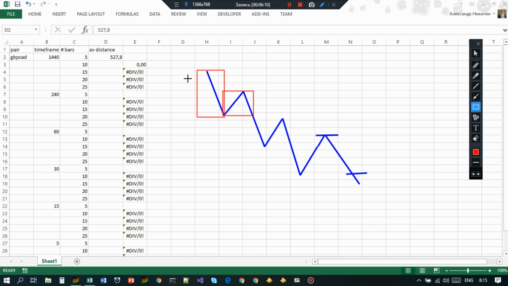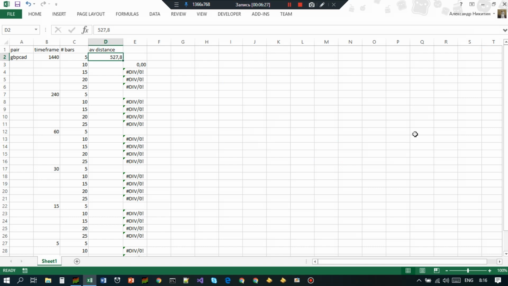If they both give us a number of 527 and the relation between them is 2 to 1, we can also calculate the average impulse size and average correction size. Let's create some formula, average impulse size and average correction size. I'm just creating these ideas on the go.